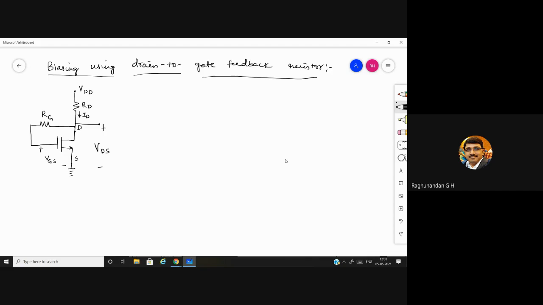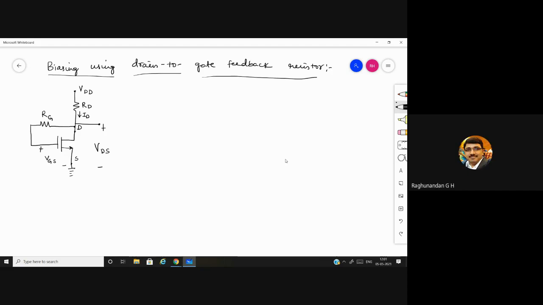Sir, I have a doubt. The symbol is for the depletion type of MOSFET, no, sir? Why don't we use enhancement type? Is it the same if it comes to enhancement type also? Whether it is enhancement or depletion type, the structure is the same.